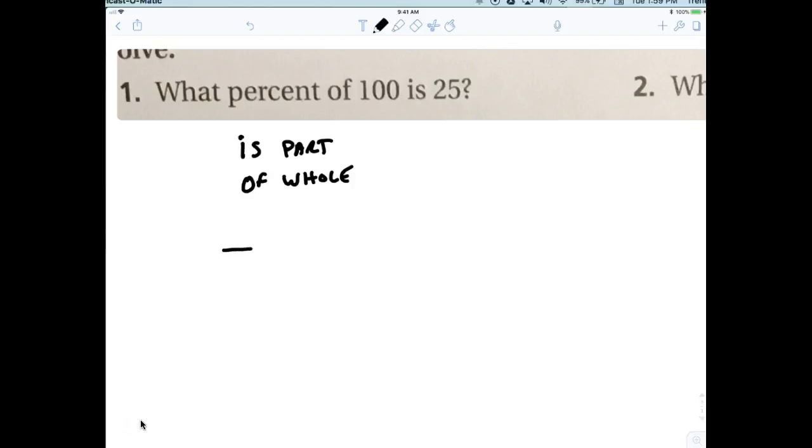So when we write a proportion, "is" is on the top of the fraction, "of" is on the bottom of the fraction, and that is equal to the percent out of what? 100. So that's how you're going to set these up.